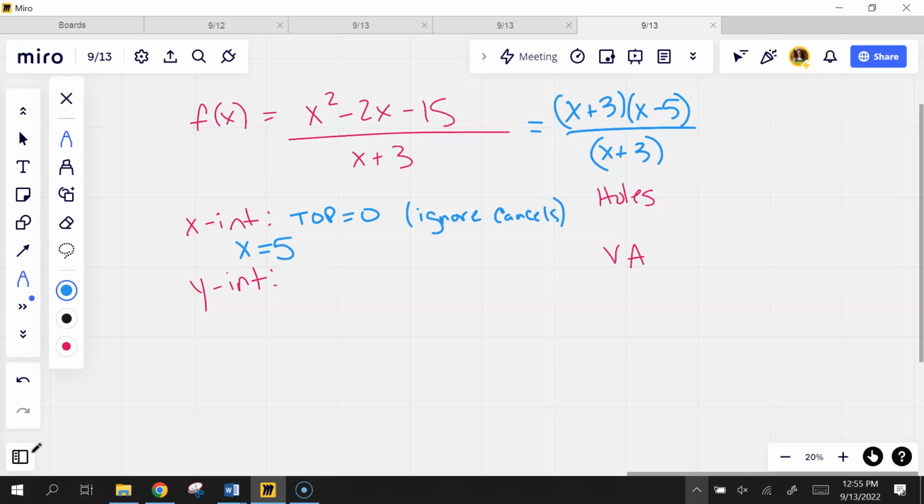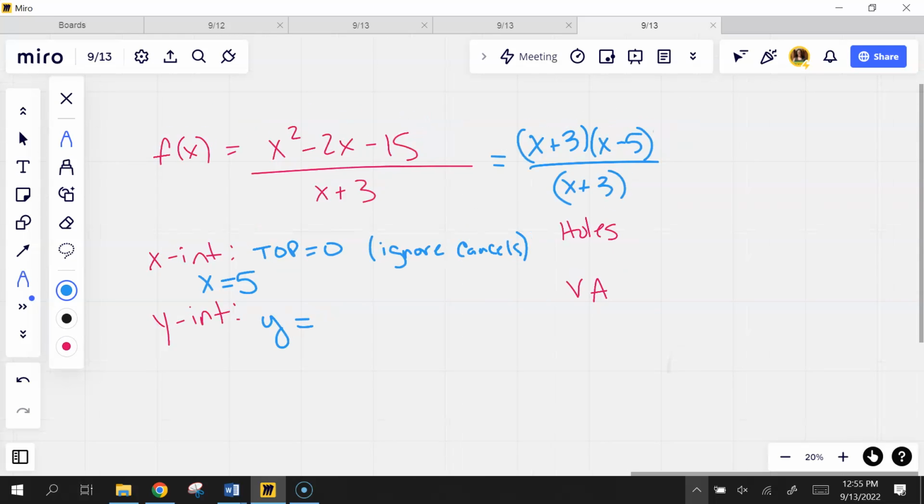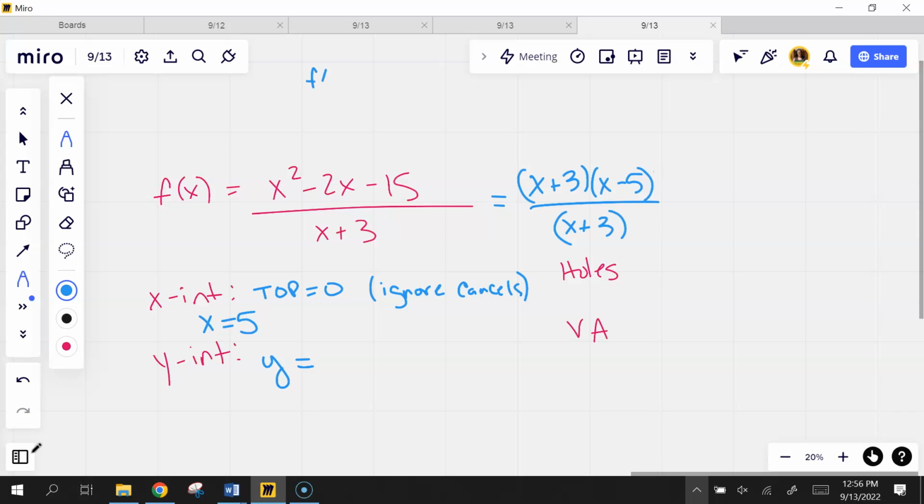How about the Y-intercept? How do you find that? Tell me what you're doing. How do you find a Y? What if I had a regular old polynomial, or a quadratic even, f of x equals 2x squared minus 3x plus 7? What's the Y-intercept? What did you do? Yes.